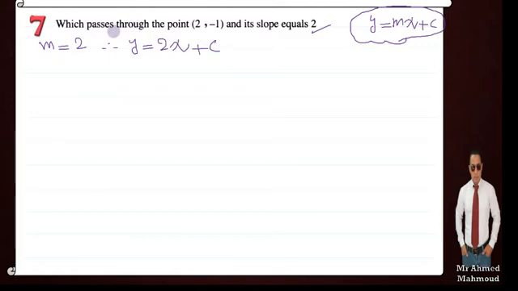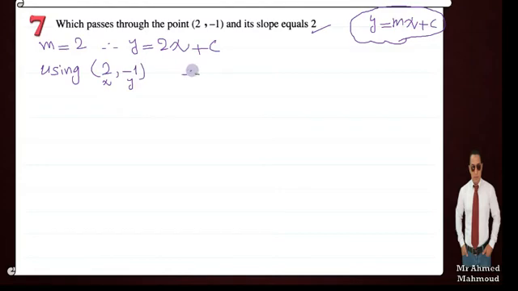The line passes through the point (2, negative 1). So I will use the point (2, negative 1). How? 2 is x and negative 1 is y. I will put 2 in place of x and negative 1 in place of y to find c.